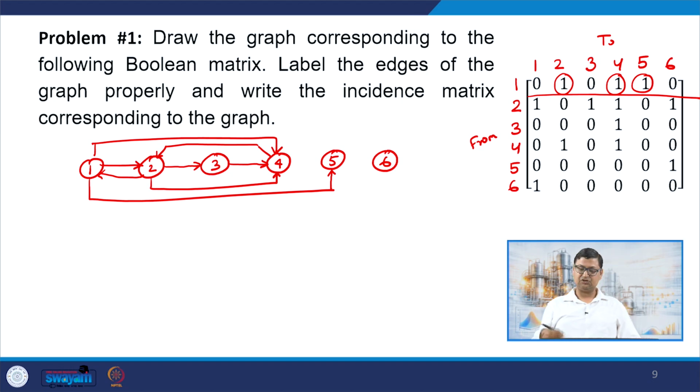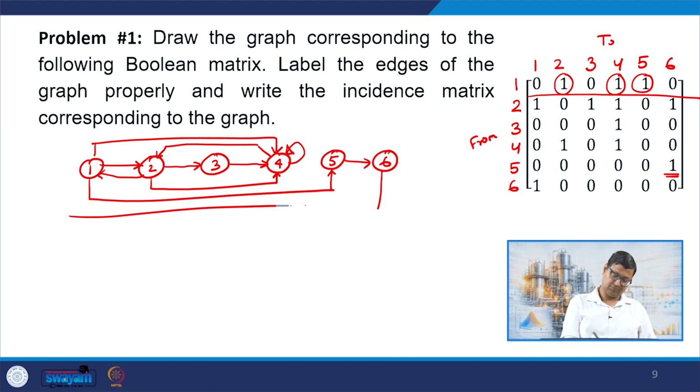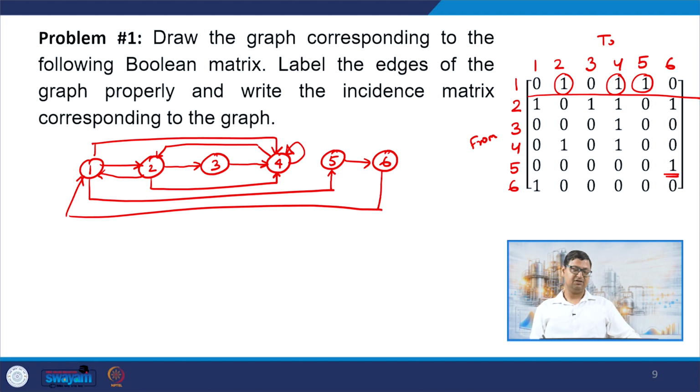And for 4, there is also one coming to 4. So far, we have not encountered this kind of a thing, but we have some kind of a self loop of 4 coming back to 4. And then from 5, we can go to 6, that is right here. And from 6, we are going back to 1.